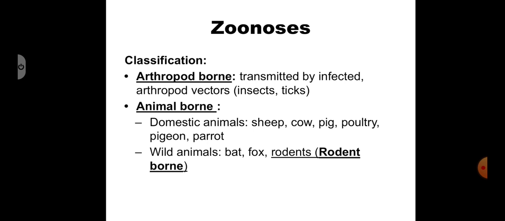When you come in contact with domestic animals like sheep, cow, pig, or birds like pigeon and parrots, or wild animals like bat, fox, rodents. Particularly when the zoonosis is by rodents, it is called rodent-borne infection.